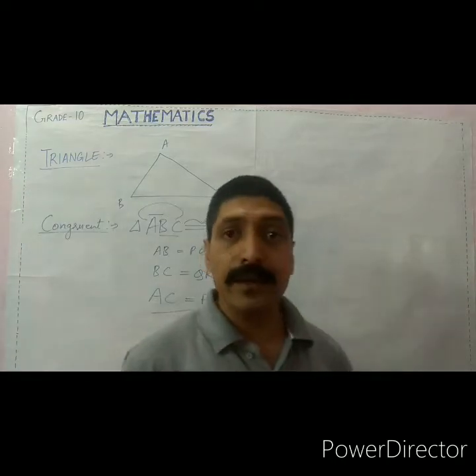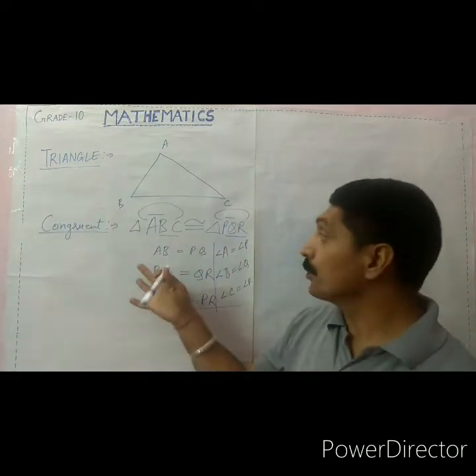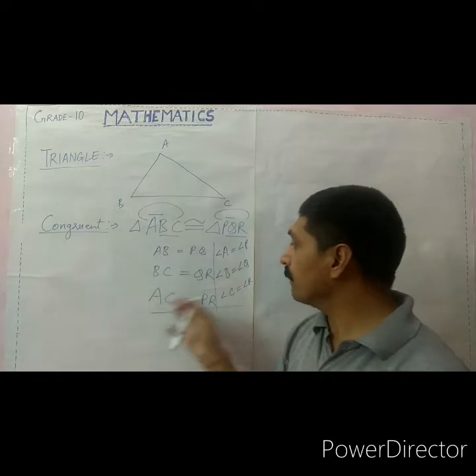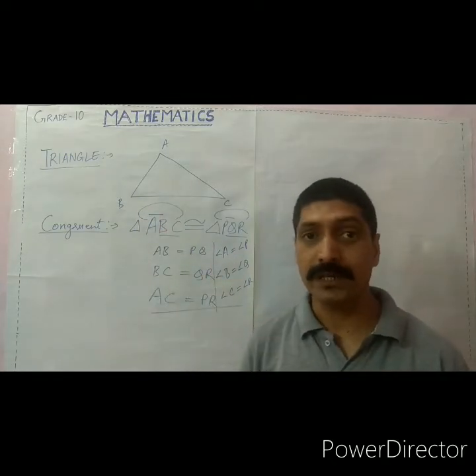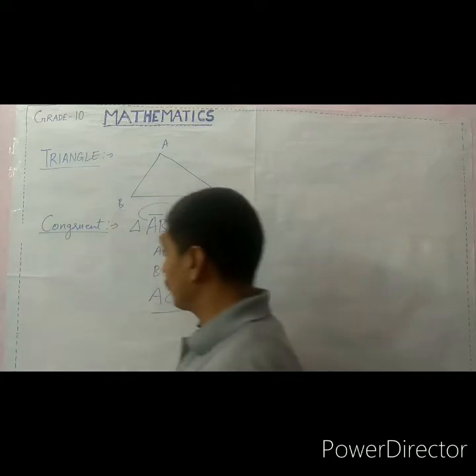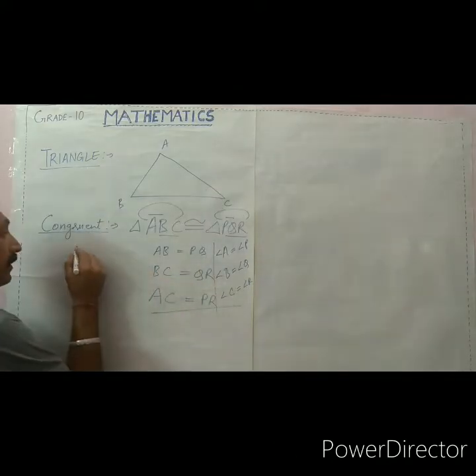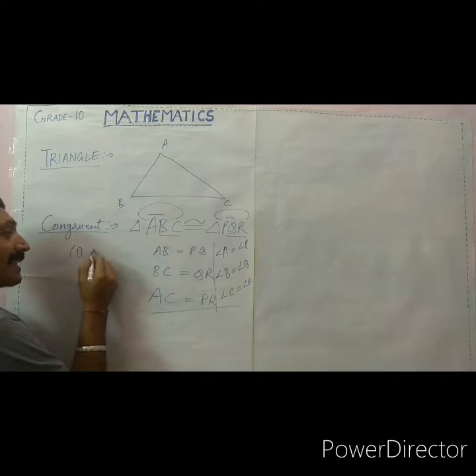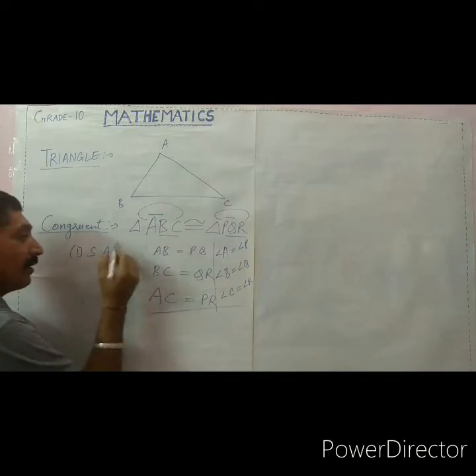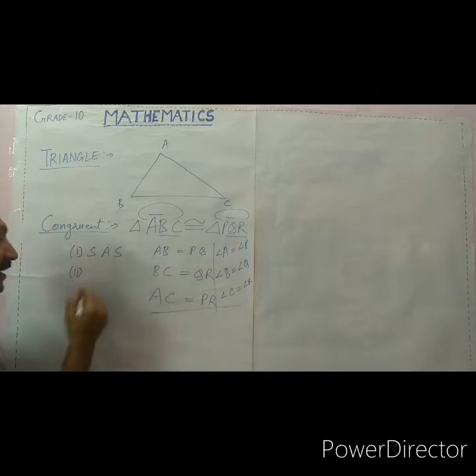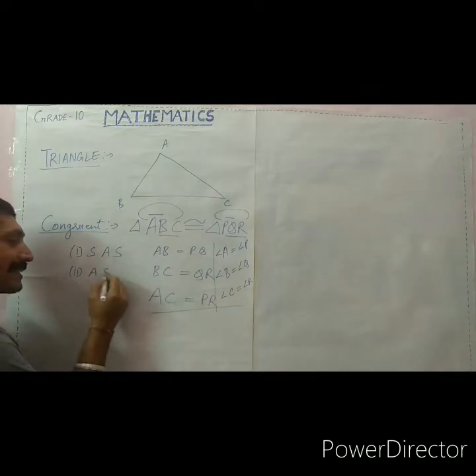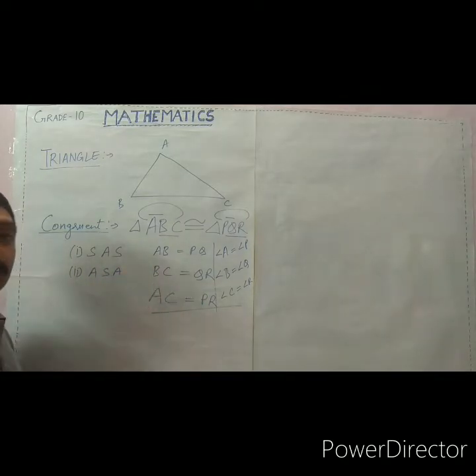But in grade 9 we have studied some rules. We are going for some short rules for congruency. These rules are like, we have studied the side angle side rule of congruency. We have studied the angle side angle rule.